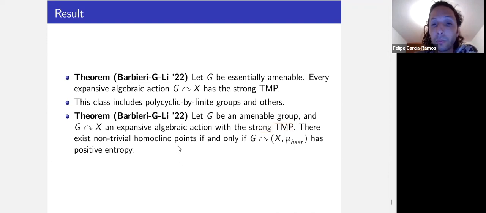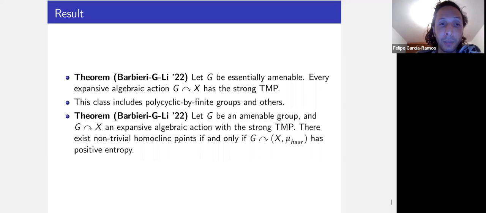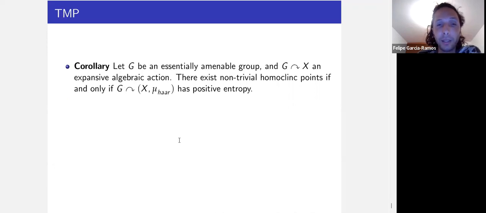Okay, so in this case, we only want the homoclinic points. If we combine these two results, what we get is that if you have an elementary amenable group and you have an expansive algebraic action, there exist non-trivial homoclinic points if and only if the group action has positive entropy.